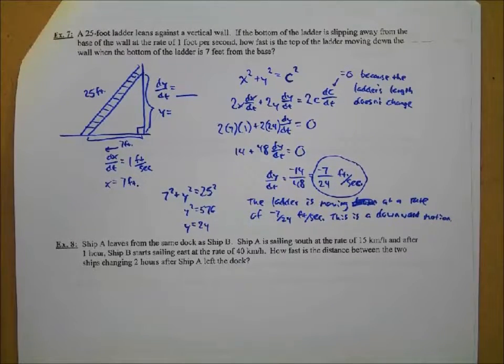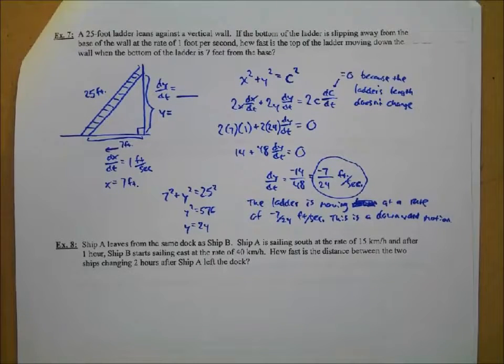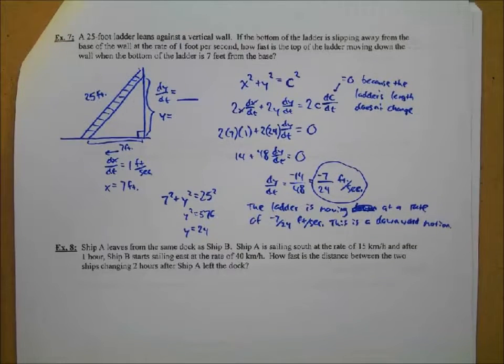I think it's also okay to say the ladder is moving down at a rate of 7/24 feet per second. So you could give me that alternatively and say the ladder is moving down at a rate of 7/24 feet per second. I think that gives a better indication of what you're supposed to be saying. But again, in here, you're not really asked for a sentence, so you can just circle your answer too. That's fine. Questions on any of that?